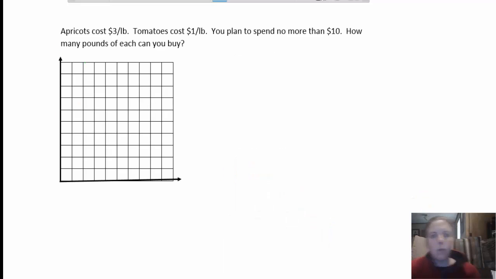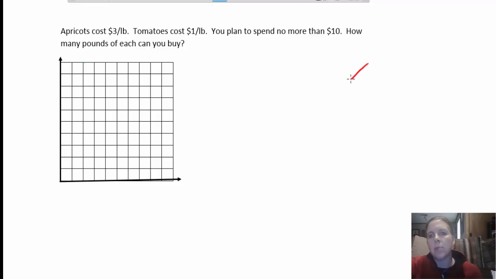Okay, I think we have one little word problem here. Apricots cost $3 a pound. Tomatoes cost $1 a pound. You plan to spend no more than $10. How many pounds of each can you buy? Okay, so we have, you can spend no more than $10.